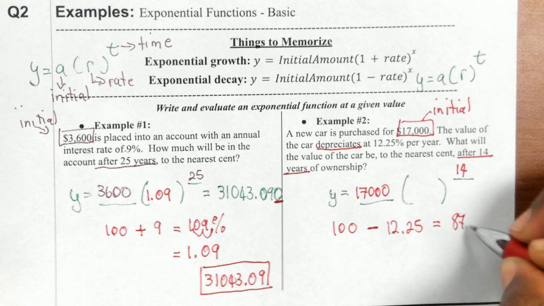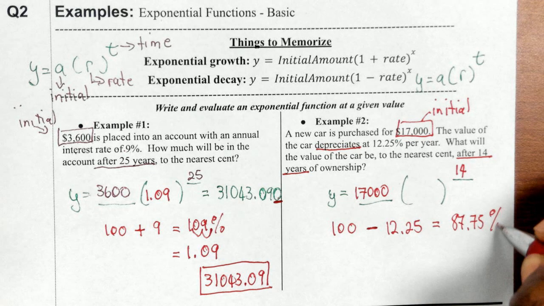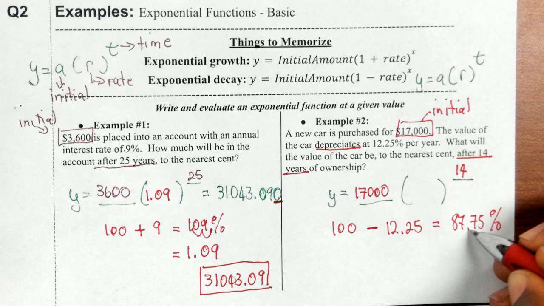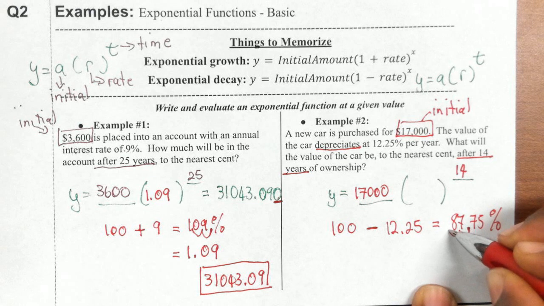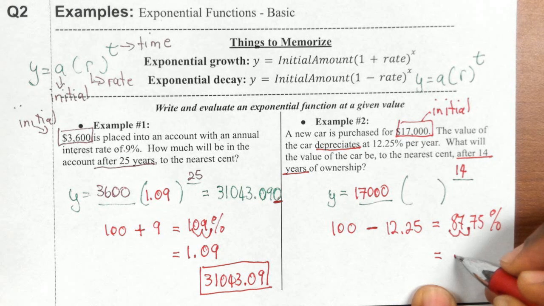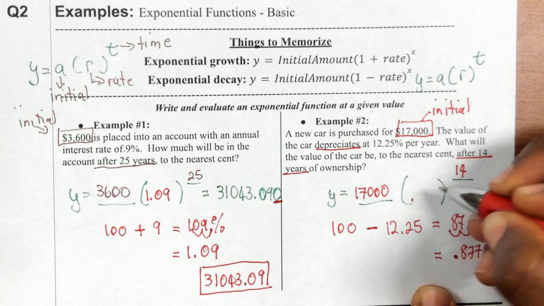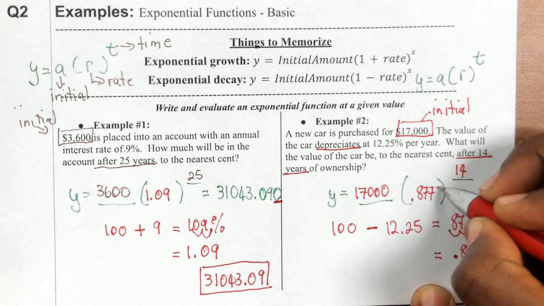So this will give me 87.75%. However, I don't want a percentage, I need a decimal. So this decimal point that's already here, I'm going to move 2 times to the left. So this will now become 0.8775. And that's what goes inside of the parentheses, okay?